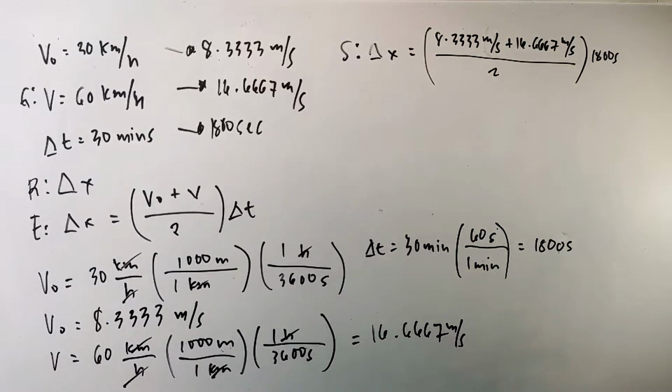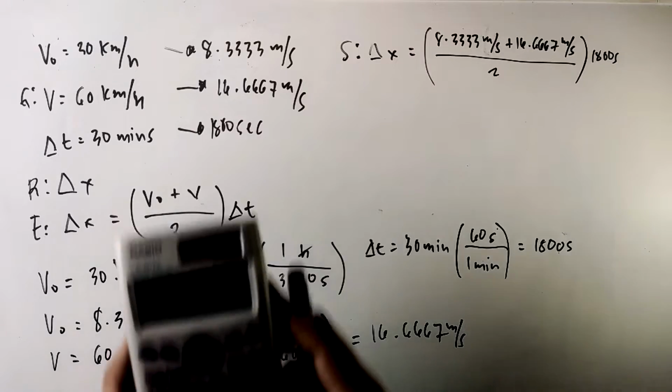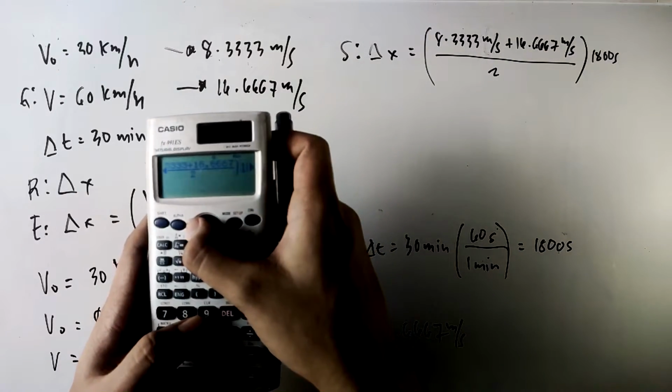Let's proceed on doing that on the calculator. You can place it as is, but of course be very sure on the cancellation of the units. This is 8.3333 plus 16.667 divided by 2 times 1800. Can you see it?